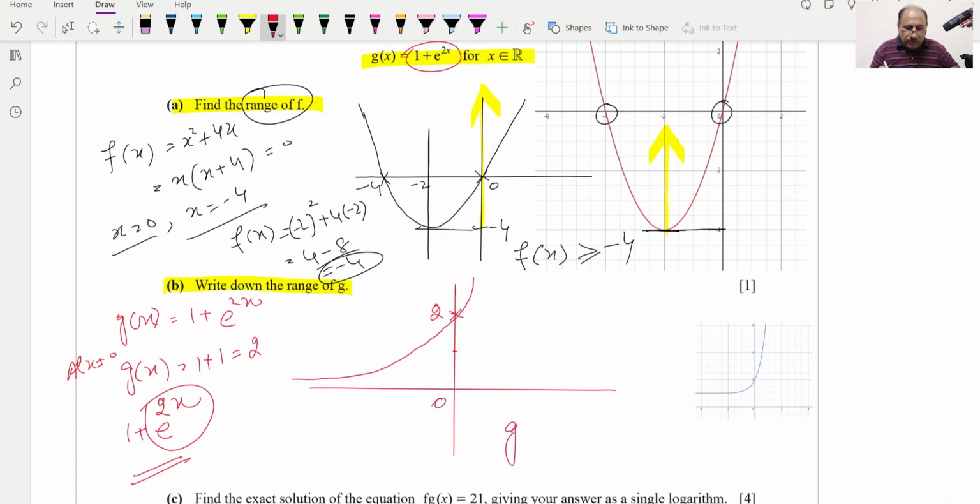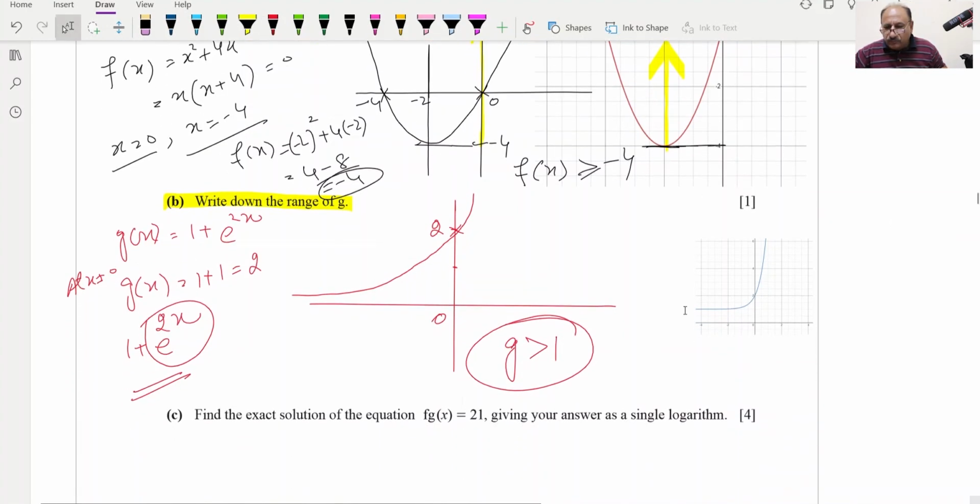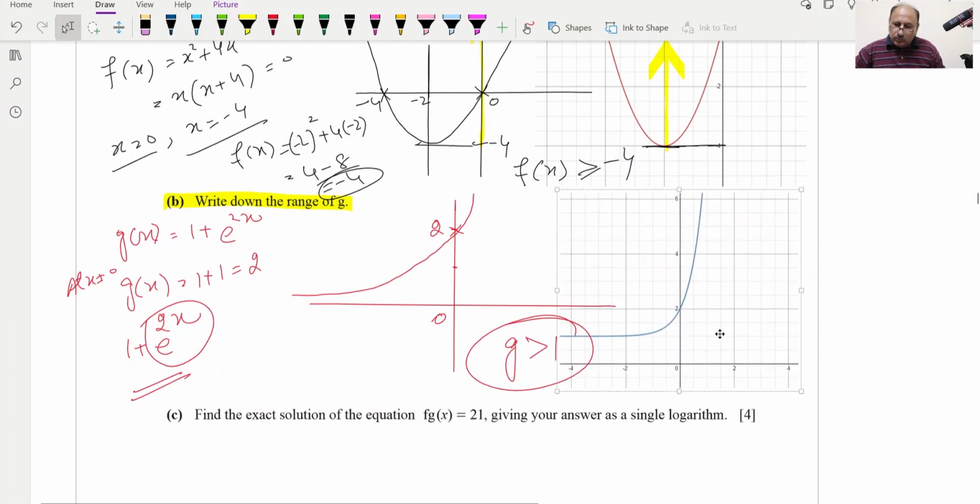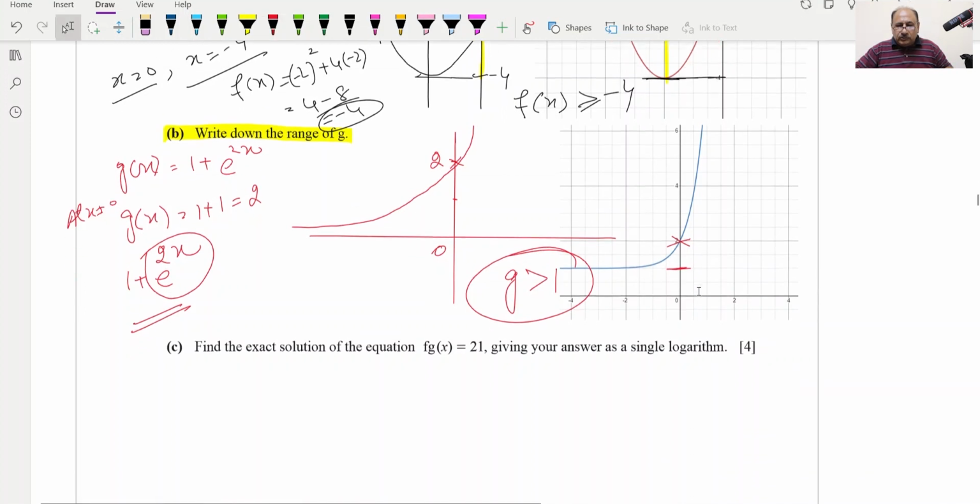So our answer will be, range will be g of x greater than 1. Similarly, I have plotted the curve and a perfect graph, you can see from here also. This is the y-intercept point 2, and the curve approaches 1 at this point, so it's always above 1.